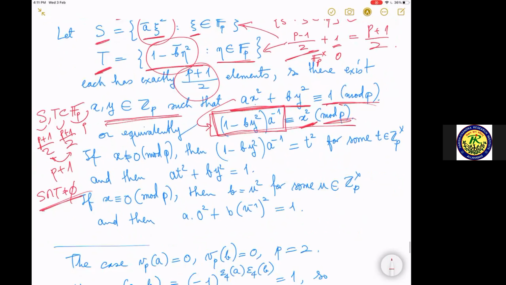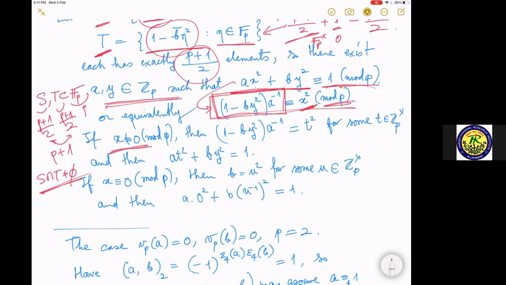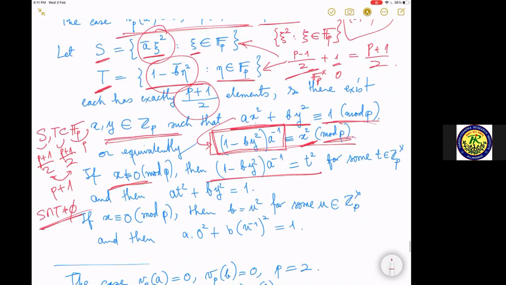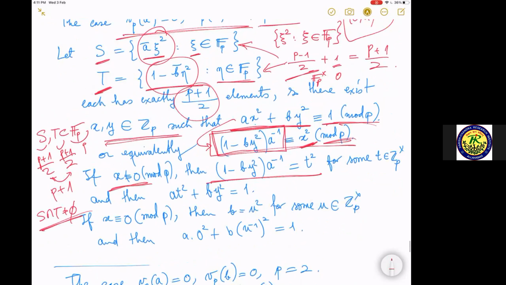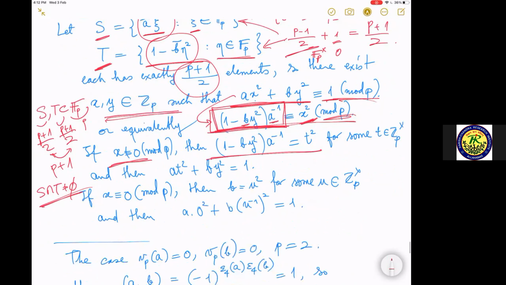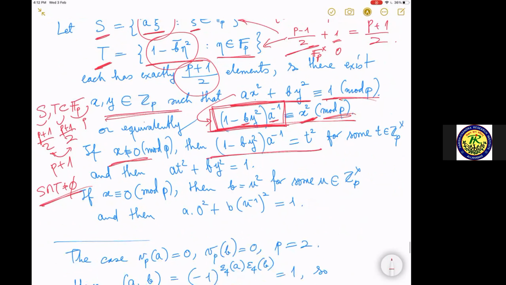Well, if it's non-zero, then, oh, well, it was a unit, or 1 minus by squared. Well, a and b are units, but I'm not claiming that this whole expression is a unit, huh? But if x is not 0 mod p, then it's of course a unit.